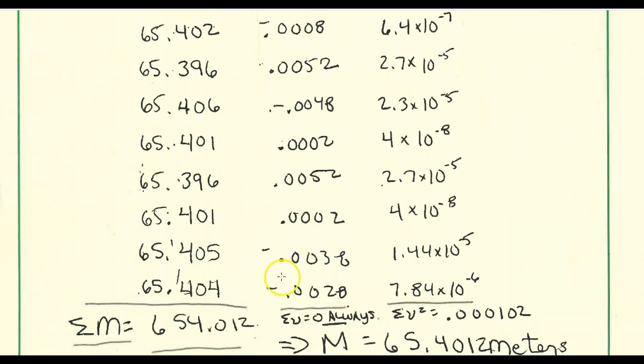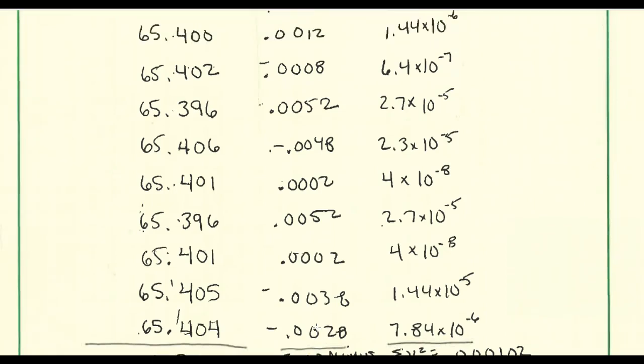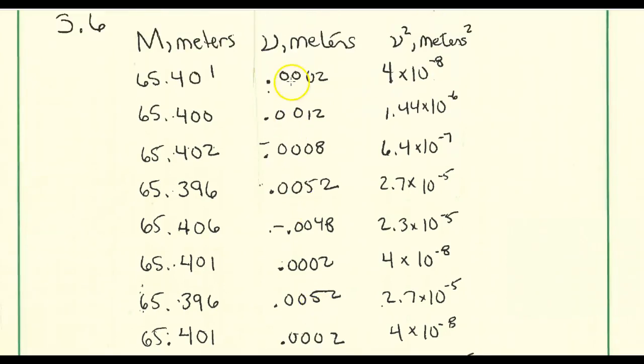But what you see, and I just did this to make a point, if you add up all of the residuals, it comes out to be equal to 0. That is always the case. The difference between each individual value and the average, when you add them together, has to equal 0. So for computational purposes, instead of using the residual, we square the residual.